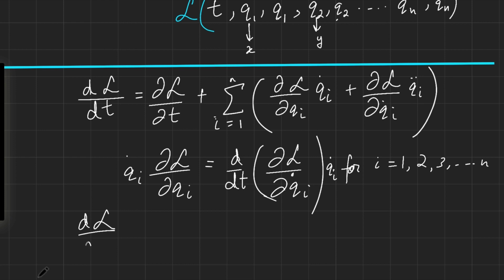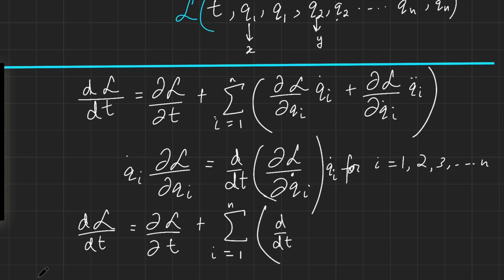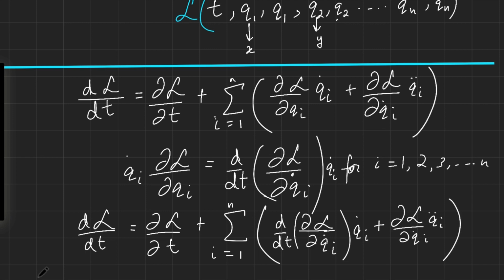You'd have the full derivative of the Lagrangian with respect to time equals the partial derivative of the Lagrangian with respect to time plus the sum from i equals 1 to n of, well, it's going to be d over dt times the partial derivative of the Lagrangian with respect to qi dot, times qi dot, plus partial L over partial qi dot times qi double dot.